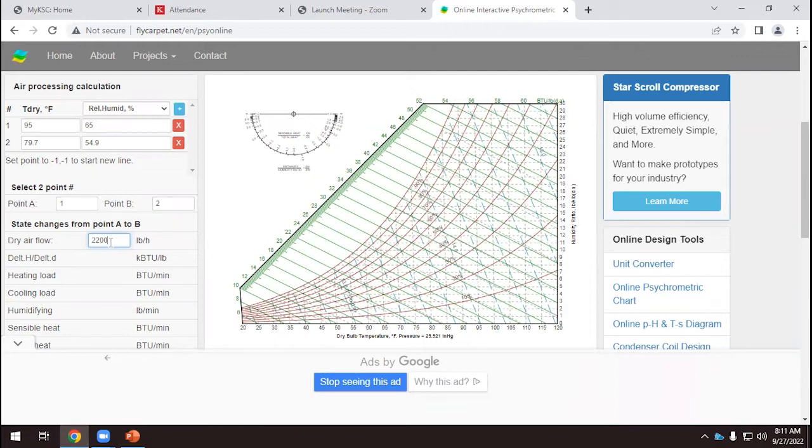I'm going to do it again. CFM is cubic feet per minute. So we have to multiply times 60 minutes per hour, and we cancel minutes and have hour. Then we have to cancel cubic feet, and we need pounds, so divided by cubic feet. And what is this? This is the air density.